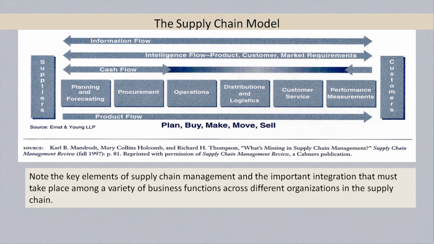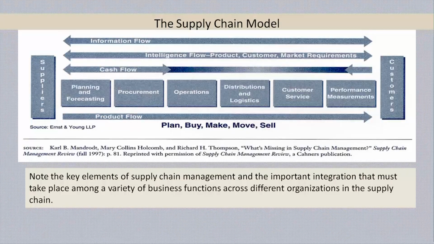But going forward from there, we are looking at the various operational blocks of procurement, operation, distribution and logistics, customer service, ultimately to the customer. So, the customer is getting it from the distribution and logistics block, who are backed up by operations and procurement, and then it goes finally to the supplier.